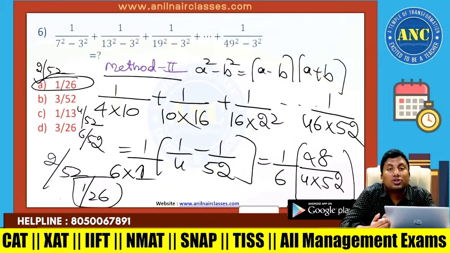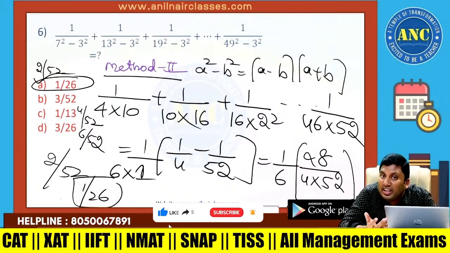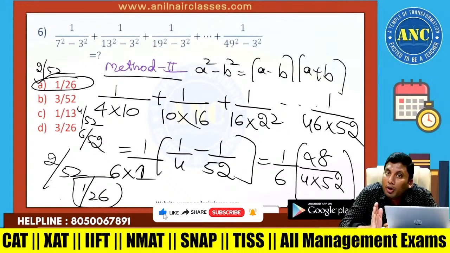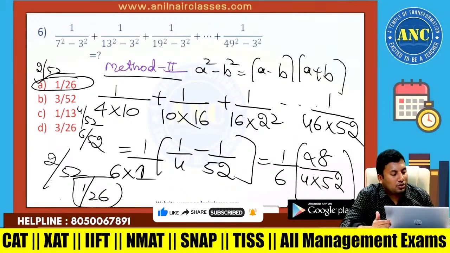Answer options are also closer to each other, so it is better to use method 2. There will be some values where the denominator will have the same answer option, which is either the value or the factors of the value. I hope you have understood the significance of method 2 and when not to use the denominator condensing approach.